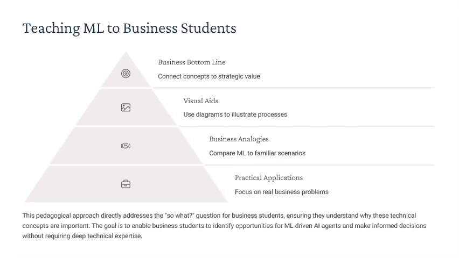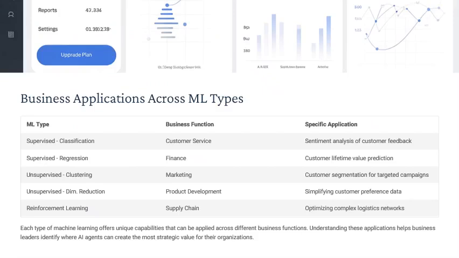We've hopefully clarified that fundamental difference between learning from labeled data to predict specific outcomes, that's supervised, with classification and regression, and learning from unlabeled data to find hidden patterns or structure, that's unsupervised, with things like clustering and dimensionality reduction. Finding groups and simplifying. Yeah. And hopefully this helps clarify not just what these terms mean, but the types of business problems they actually help solve and the kind of strategic value they can unlock.